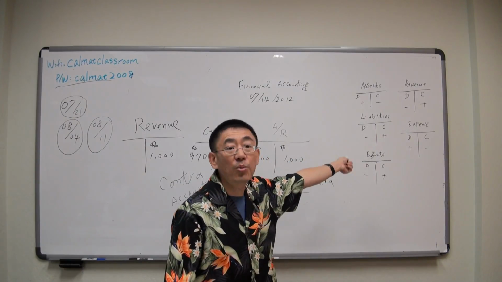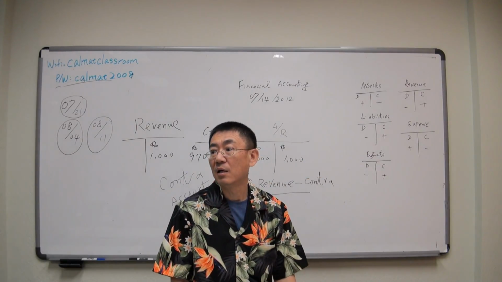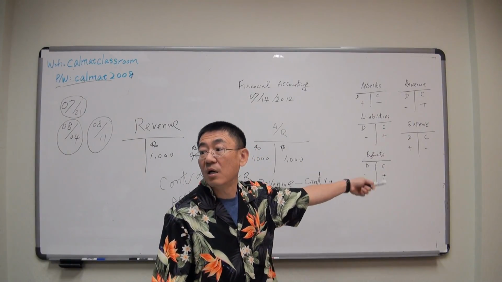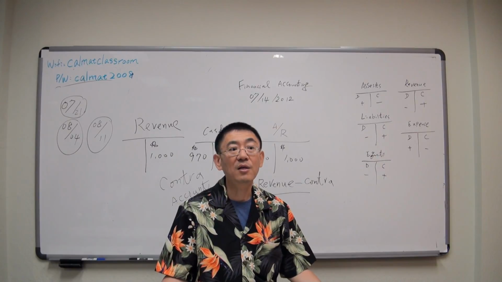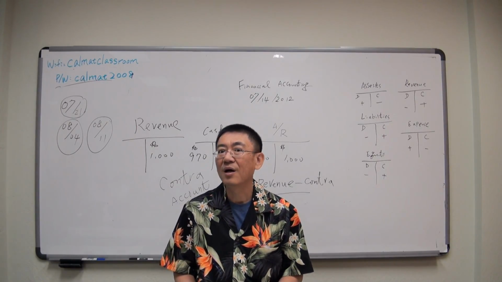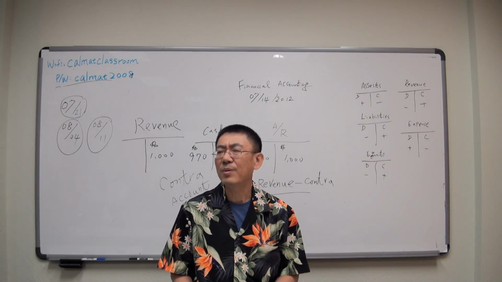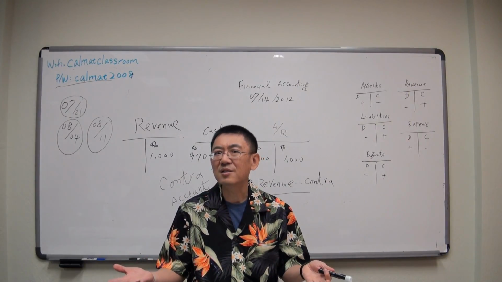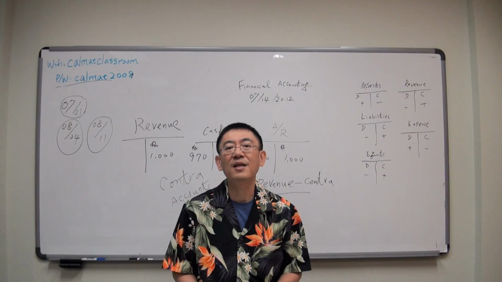By the way, everybody, profit is not one account. You see there's no profit account here. Why? How come there's no profit account? Right, because either it's profit or loss is the result. Understand?